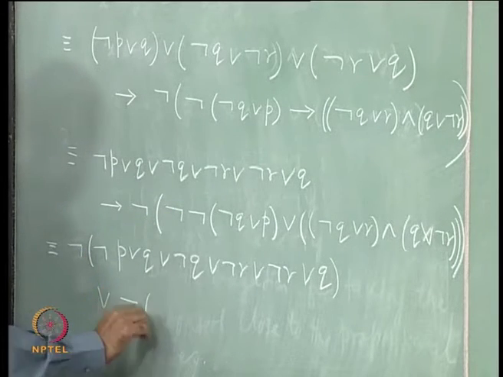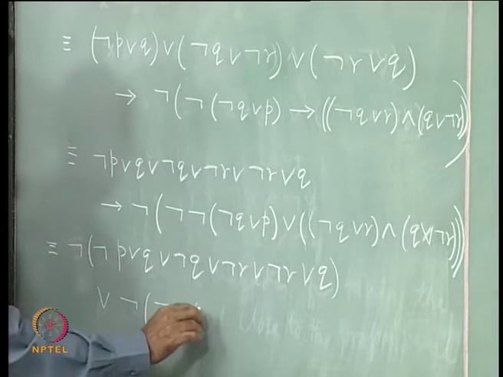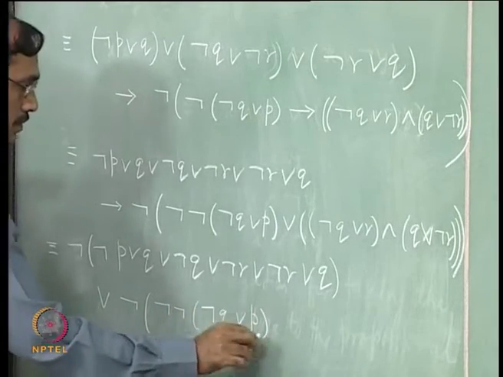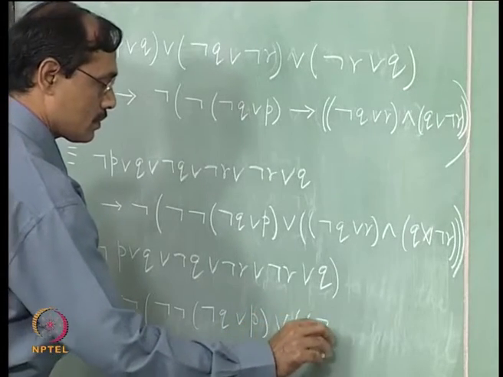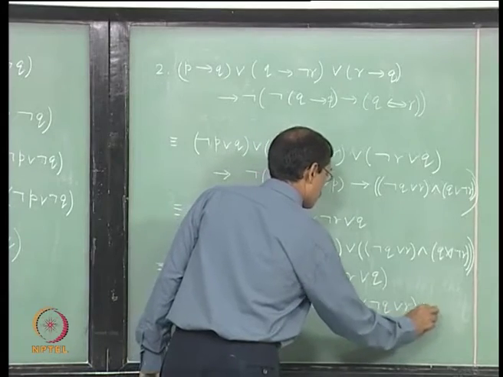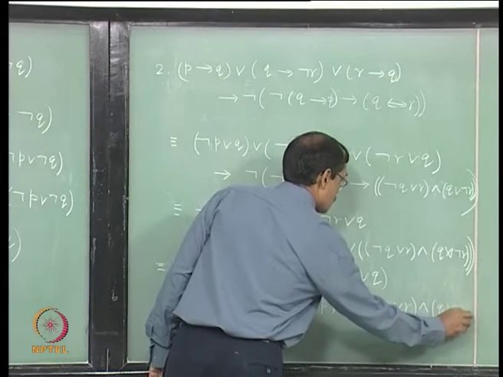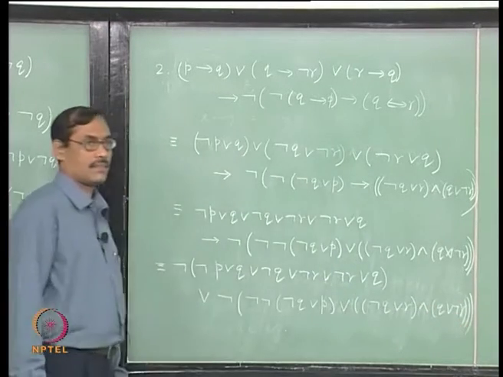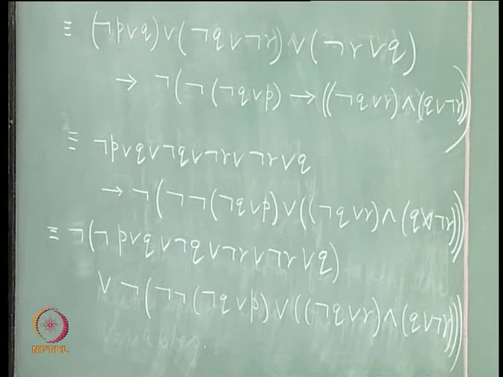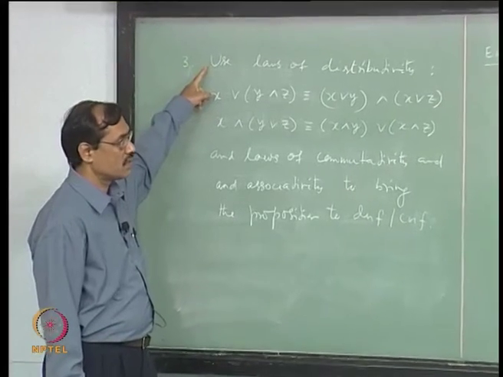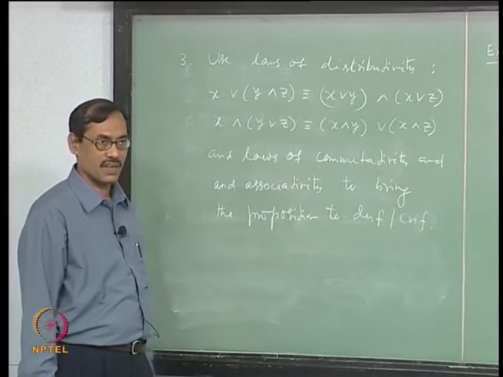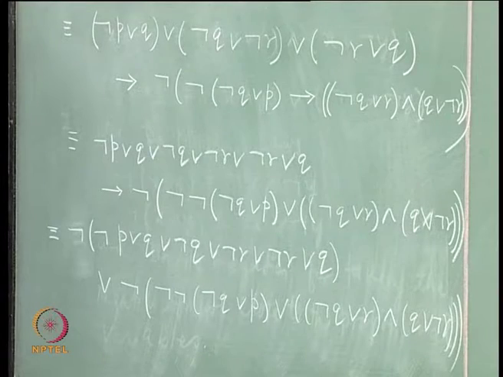So that is not of, okay, as per the algorithm. We have not used any simplification till now. Now, the algorithm says the next step is to go for the distributions. Before that you may need De Morgan's law. Fine. So if you use De Morgan's law, what does it say?